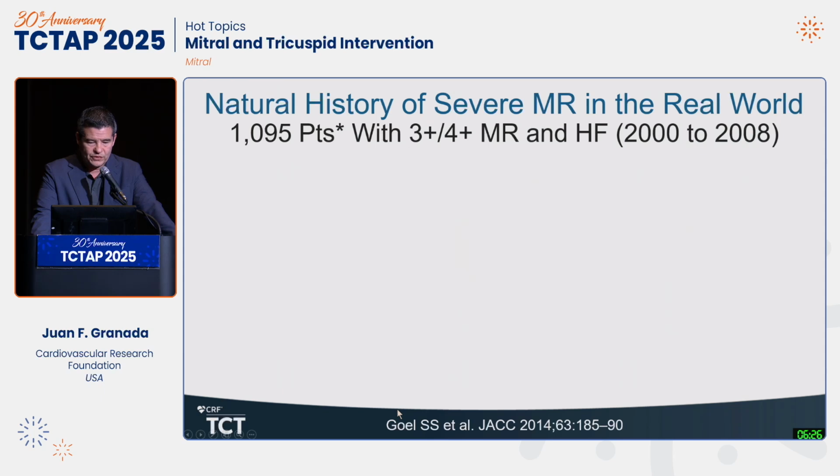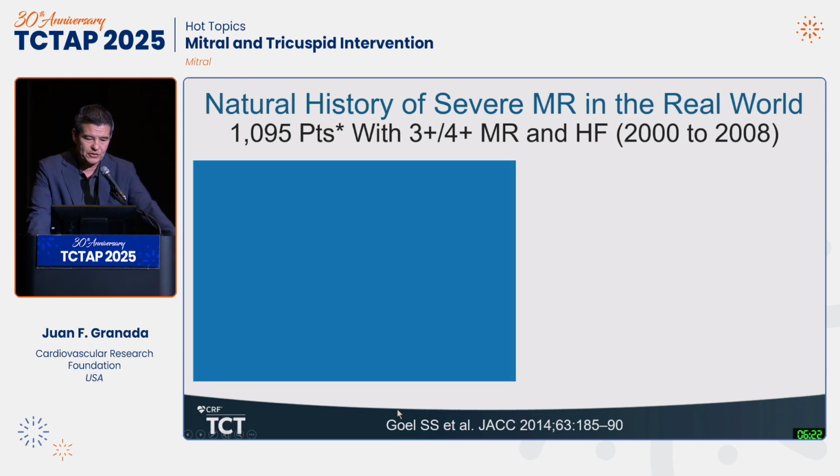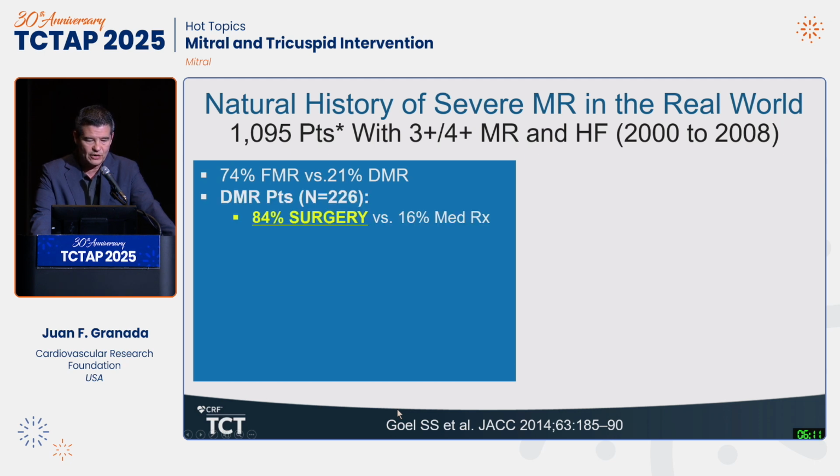I like to put this slide because it shows the natural history of severe MR when it's untreated. This is a study that included approximately 1,000 patients with 3+ MR and heart failure. As you can see here, patients with primary MR, most of them had surgery, as usually happens in the real world.